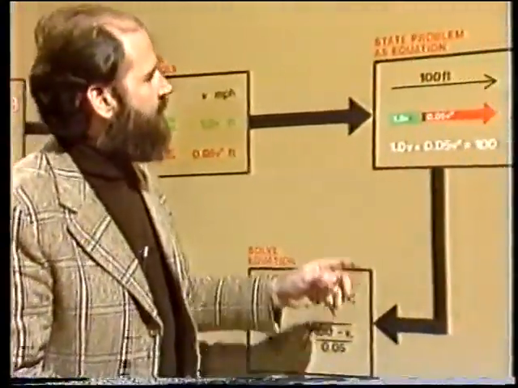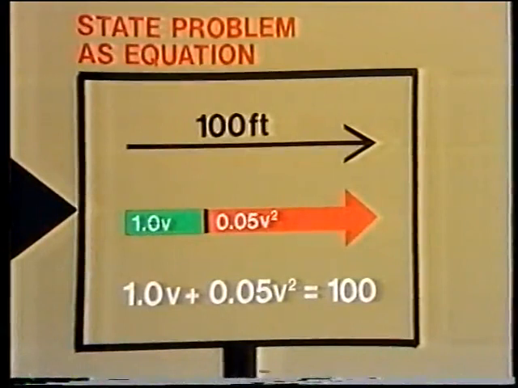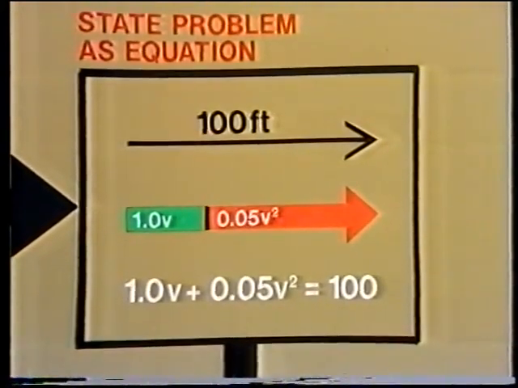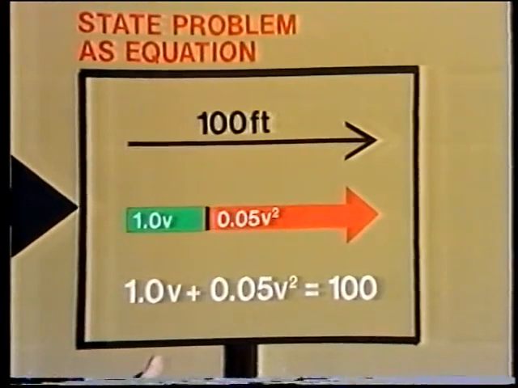So that means that our stopping distance of 100 feet is made up of 2 bits, 1.0 v and 0.05 v squared. So the equation we want to solve is 1.0 v plus 0.05 v squared is equal to 100.